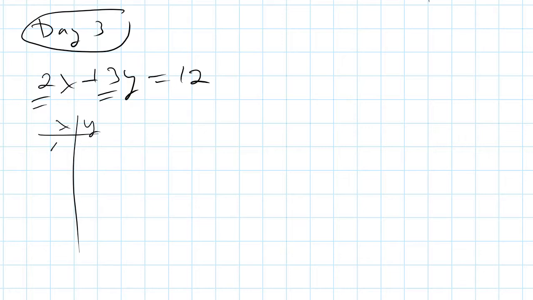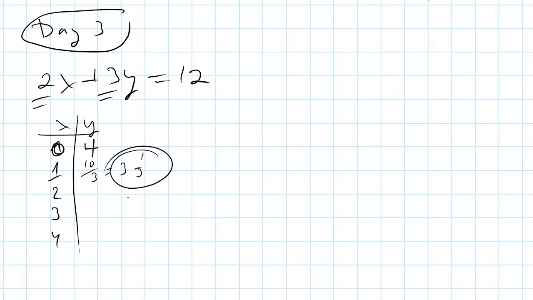Try to do it. And they're going to find that if they try to just pick whatever they want, they're going to end up with fractions. So if I put 0 in for x, that's okay. But if I put 1 in for x, I would end up with 10/3. And it would become a little hard to graph something like that.